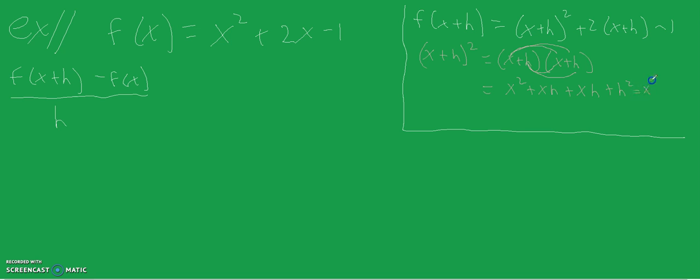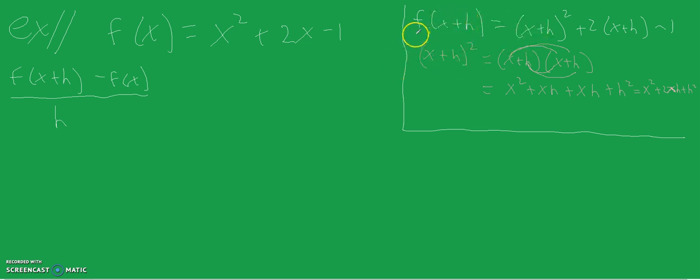Now I can combine these two in the middle to give me 2xh plus h squared. That's an x here. I'm trying to squeeze everything in so I have enough room. So that was just this computation here, (x plus h) squared.